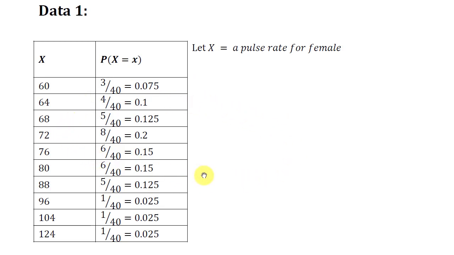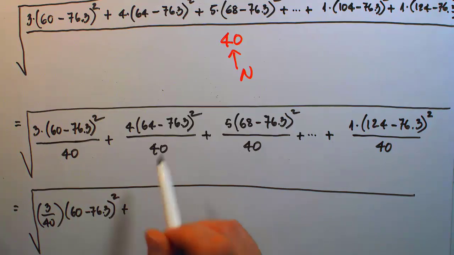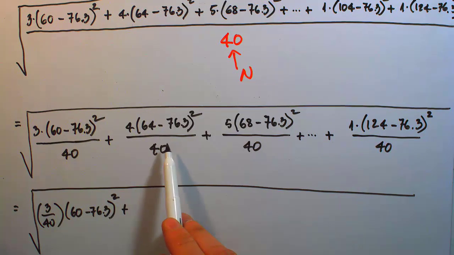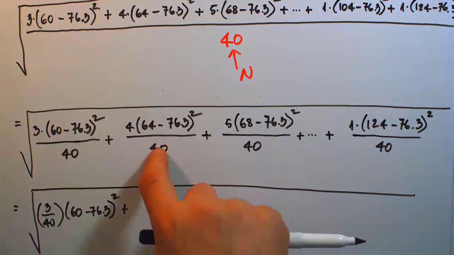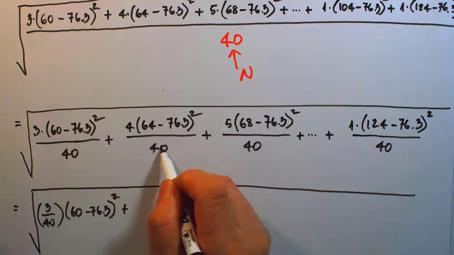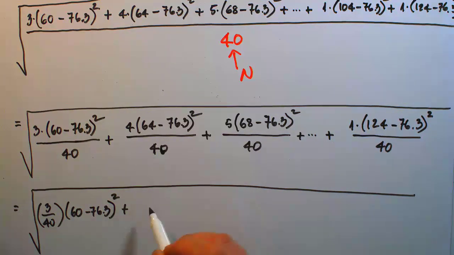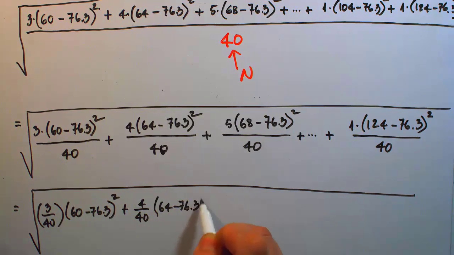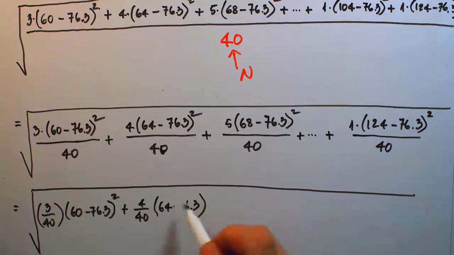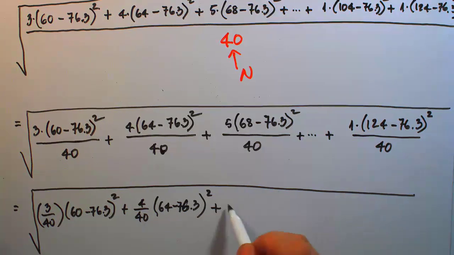Now back to my current formula. The next fraction I have inside my square root in the previous steps, I'm going to purposely rewrite as 4 out of 40 multiplied with (64 minus 76.3) squared, and the same work is going to be continued for the other fractions.